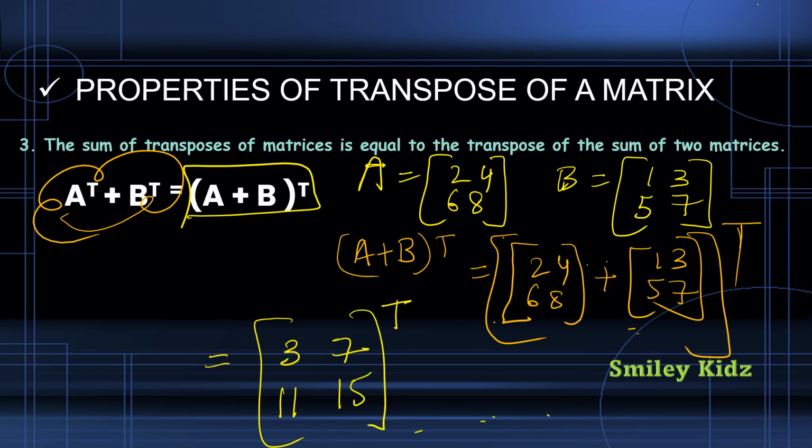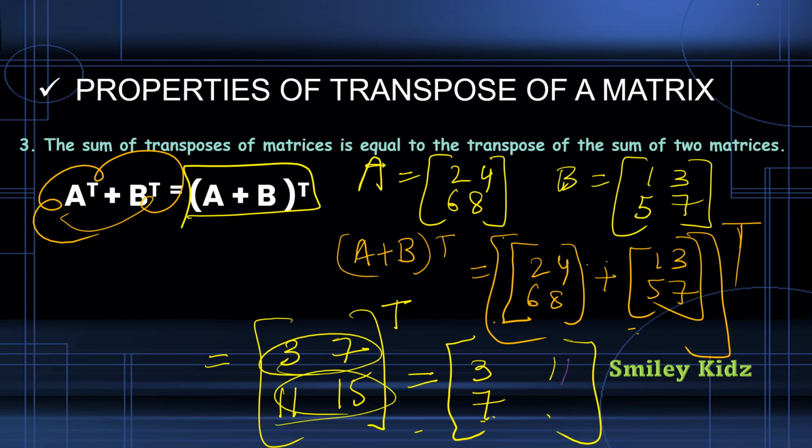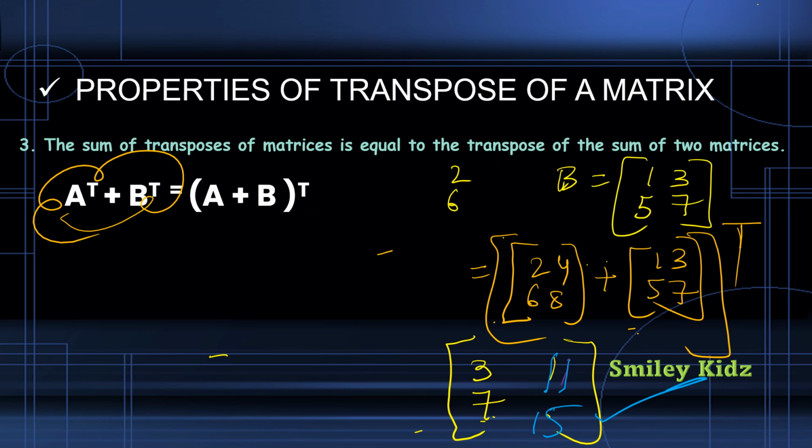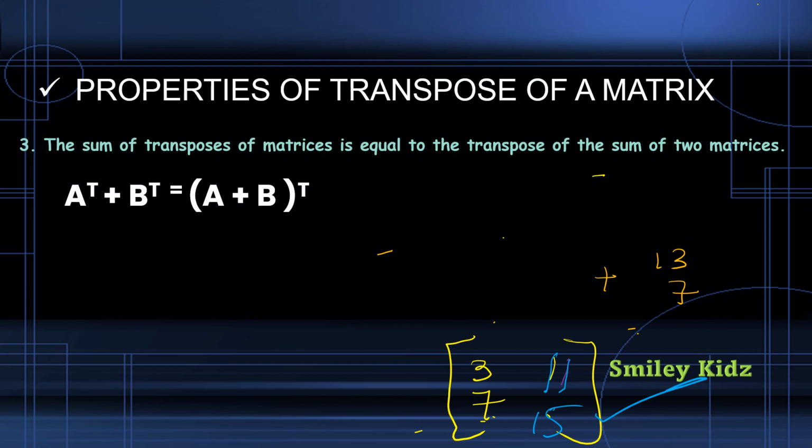Now transpose the matrix that we obtained. It will be 3, 7, 11, 15. Now this is the matrix. Let's put this aside for a while. Now let's do A transpose plus B transpose. That is, firstly take A and do its transpose, then take B, do its transpose, and then add them.